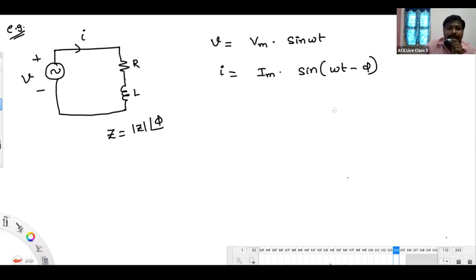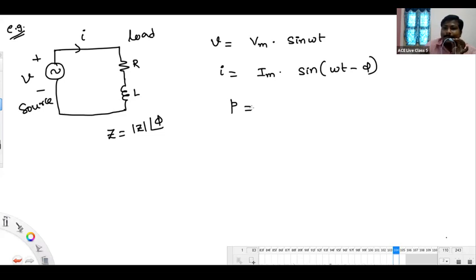Okay, next thing. What is the instantaneous power drawn by the load? What's the formula for instantaneous power? Nothing like VI conjugate.